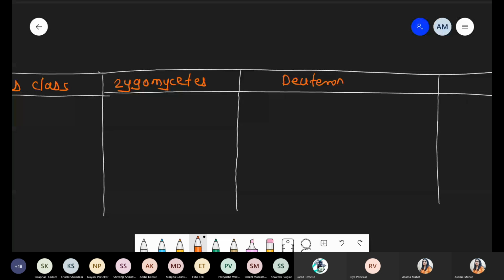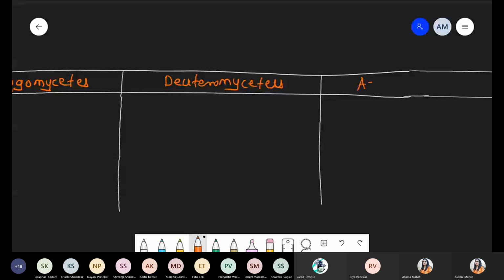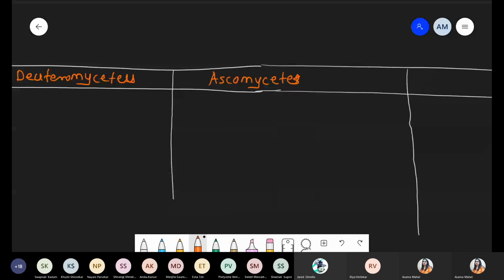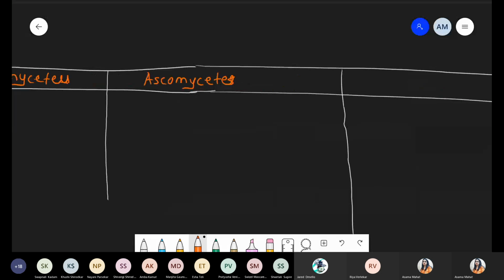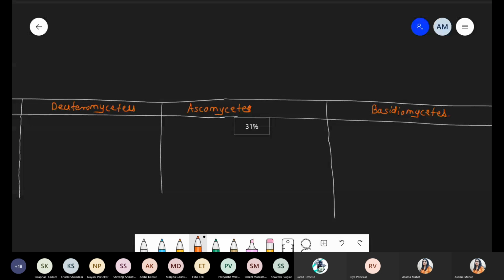Last one, Ascomycetes. And the last one, most advanced, Basidiomycetes. Got it?